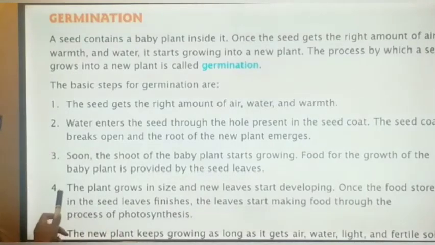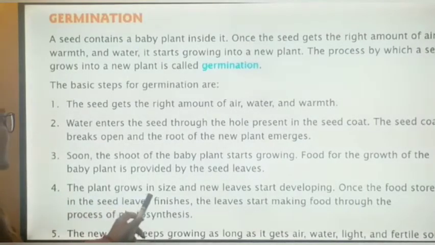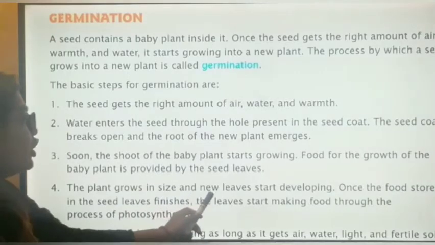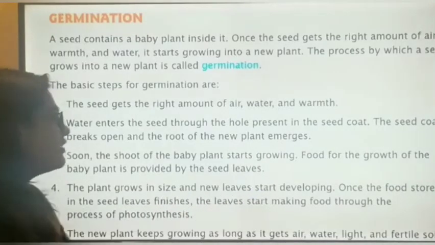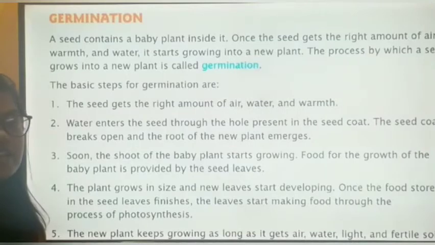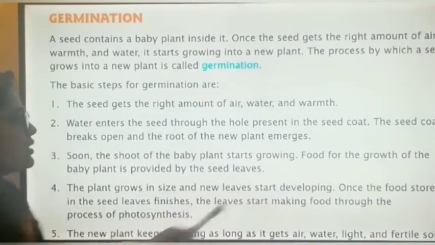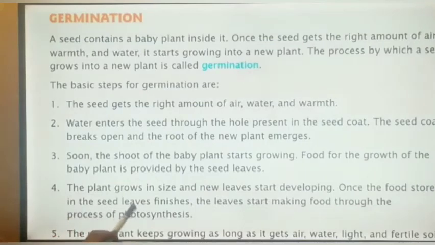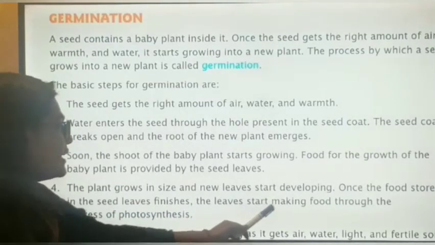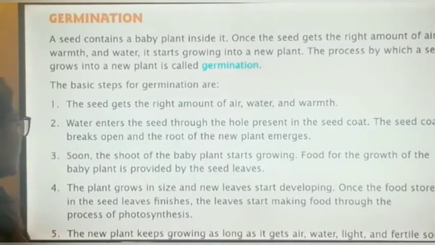Then the plant grows in size and new leaves start developing. Now the leaves will start growing. Once the food stored in the seed leaves finishes, the leaves start making food through the process of photosynthesis.